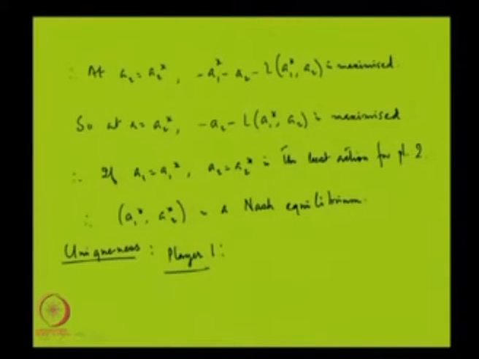Now, what is the payoff function of player 1? Let us try to remember that. Player 1 pays compensation, full compensation if he is careless, and player 2 is careful.